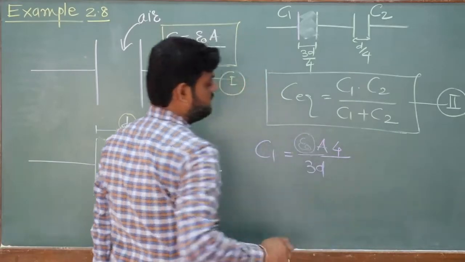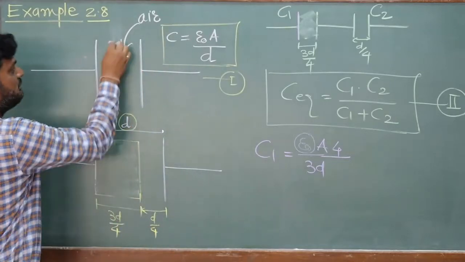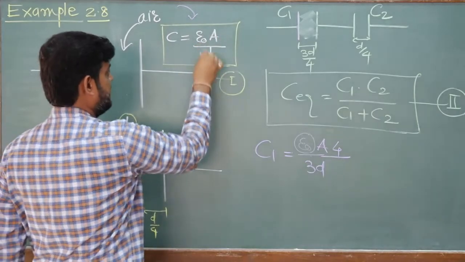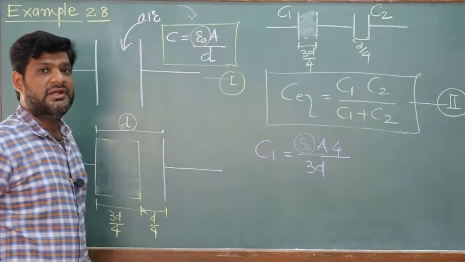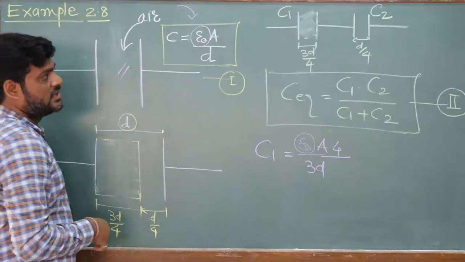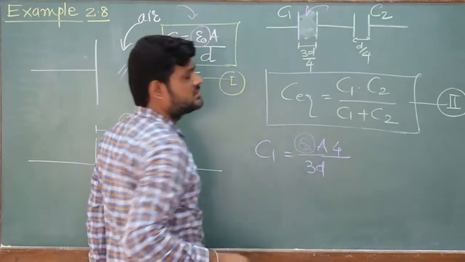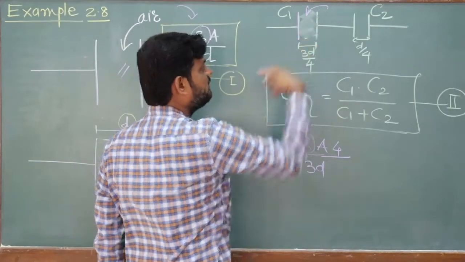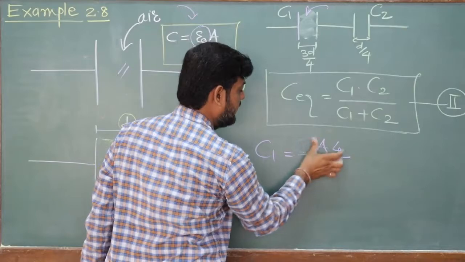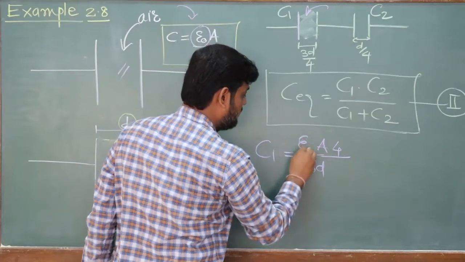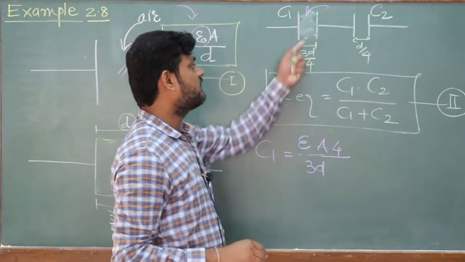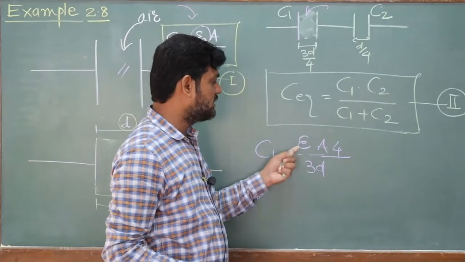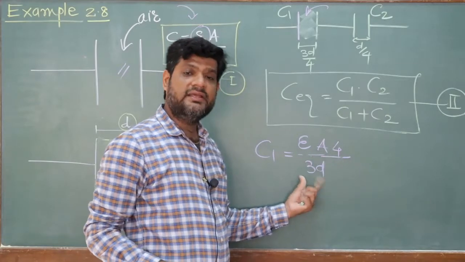If there is air between the two plates, the formula is C equal to epsilon 0 A by D, where epsilon 0 is the permittivity of free space. Here the material is inserted, so instead of epsilon 0 we write epsilon, the permittivity of the given medium. So C1 equals epsilon A times 4 by 3D.